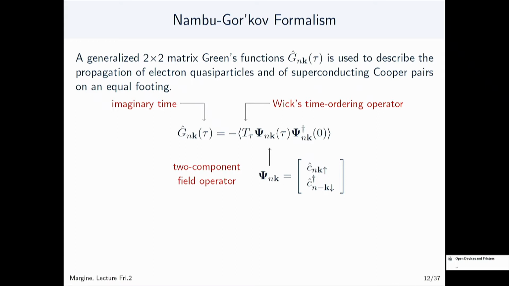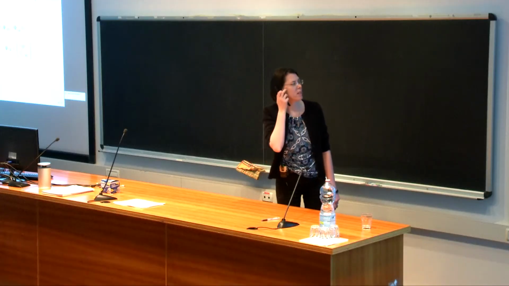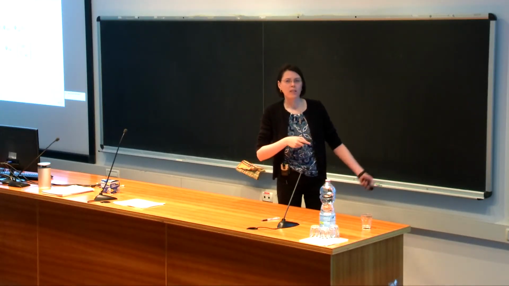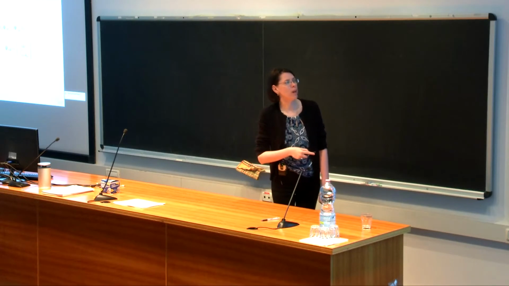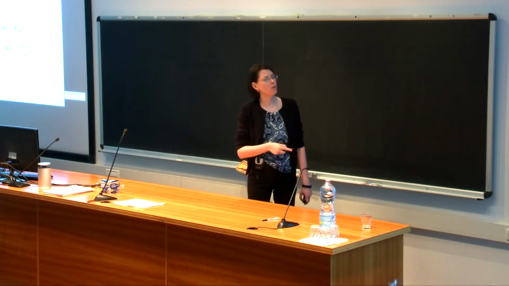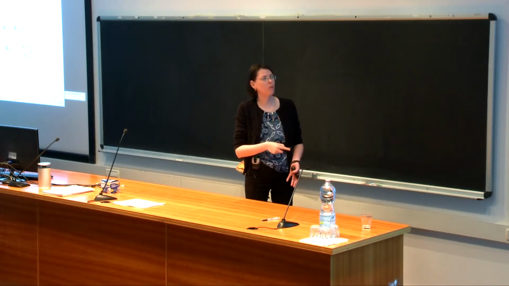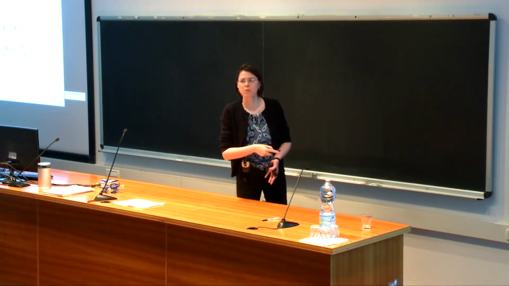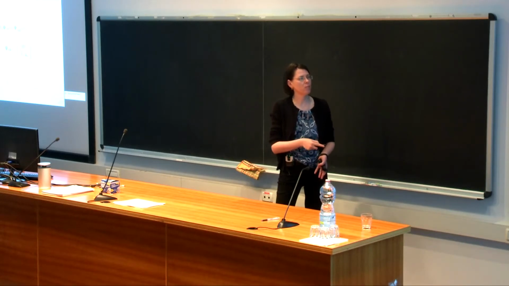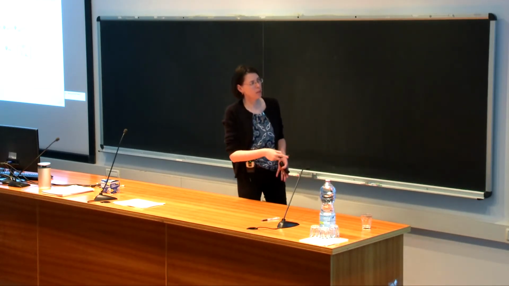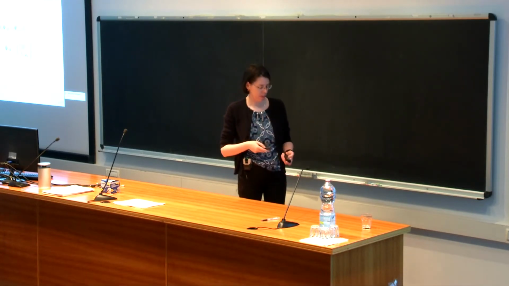I forgot to mention, but in the BCS model, it can also be shown that the Cooper pairs are formed not only between electrons with opposite momentum, but also with opposite spins. So this picture can be reduced to the BCS model.